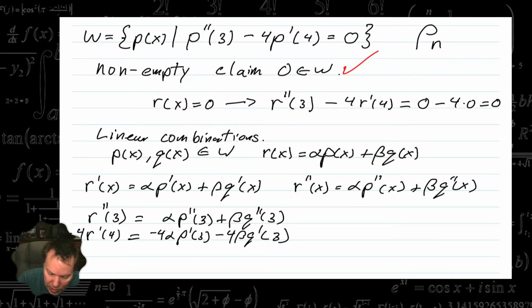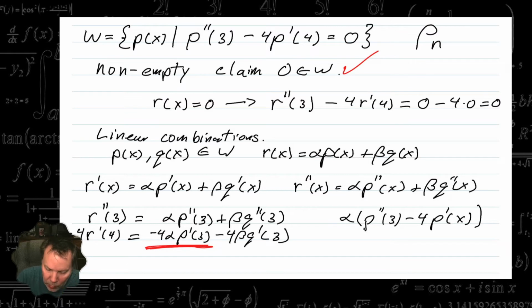Now, what I notice here is that I set this up in columns. If I look at this first column right here, I'm not talking about a matrix, I'm just talking about a column. What do I wind up getting? Well, I see an alpha in each one of these, so I'm going to factor that out, and I wind up getting this. Now, what do we know about the vector p? The vector p satisfies where this is equal to 0.